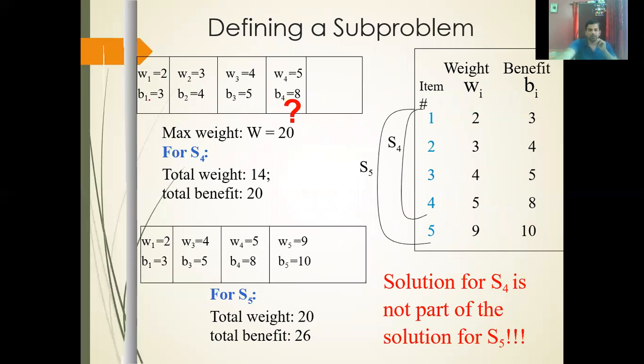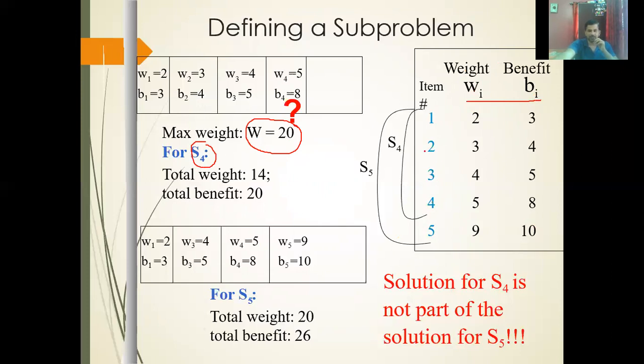The same problem: 5 items are there, and each item is associated with a weight as well as a benefit. See the weight and the benefit of each of the items here. The maximum weight capacity of the container or knapsack is 20. I consider one combination, S4, where I take items 1 to 4.